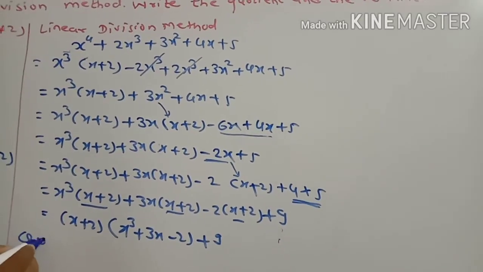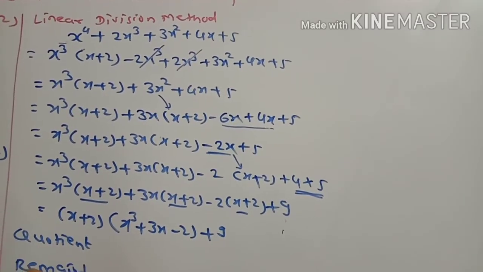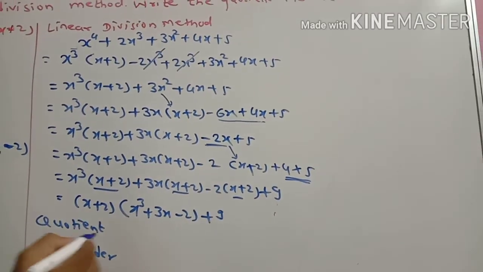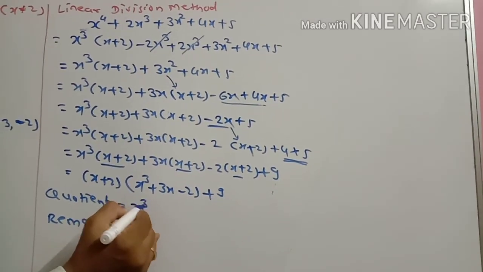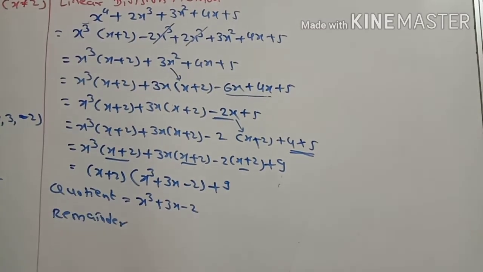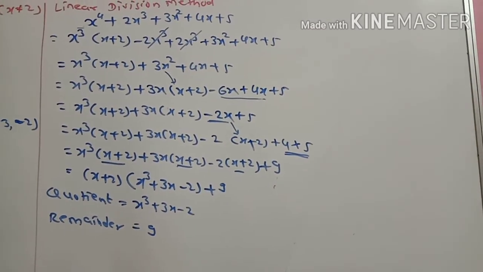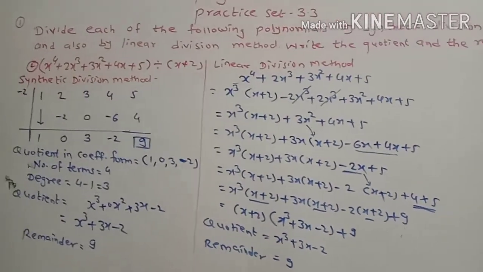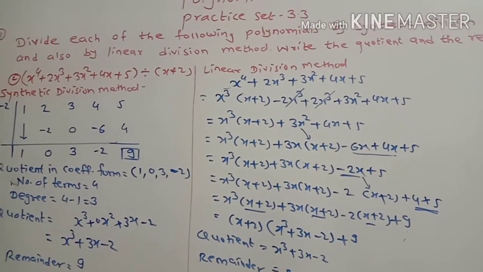Now write quotient and remainder. Which is the quotient? x plus 2 is the divisor. Then this x cube plus 3x minus 2 is the quotient, sorry, and the constant term is the remainder. If we see this in the synthetic division method and the linear division method, the quotient becomes the same, the remainder becomes the same.